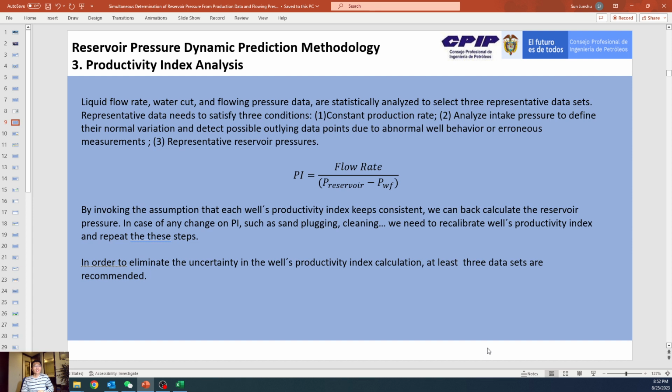By invoking the assumption that each well's productivity index keeps consistent, we can back calculate the reservoir pressure.